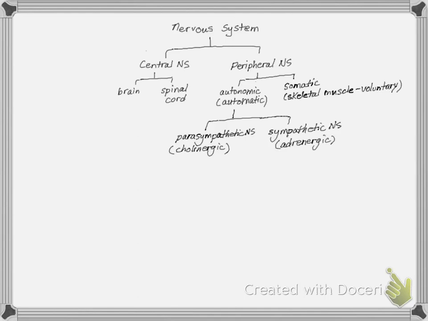This is your adrenergic. So there are 3 neurotransmitters that we're going to talk about. These 3 are norepi, epi, and dopamine.